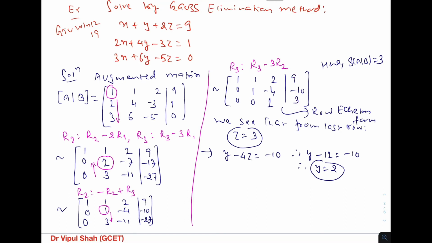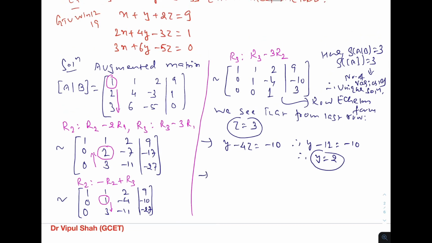If you don't consider this column, that will be the rank of A. Rank of A is from here, that is also 3. And 3 is the number of variables, and therefore unique solution.